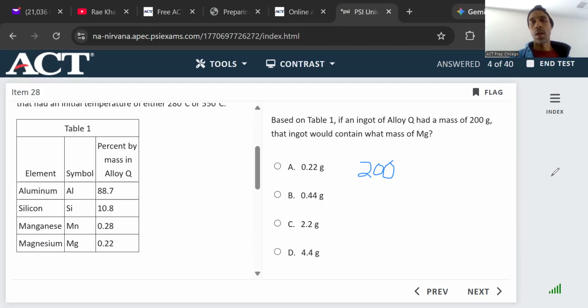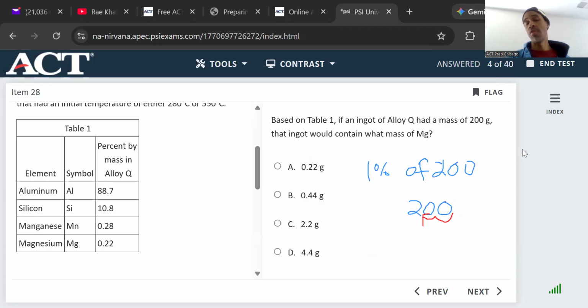So 1% of 200 grams. 1% of anything is when you move the decimal place 2 places to the left. So 10% you move it 1 place to the left, 1% you move it 2 places to the left. So that's going to be 2. So it's got to be less than 2 if it's less than 1%.